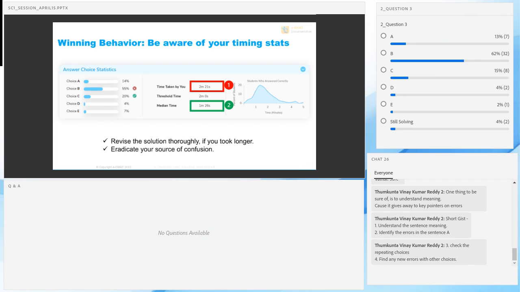So you have to now eliminate the source of confusion that you had. Now, if, let's say, the median time was 2 minutes and 15 seconds, then I would not have worried about why I took longer. Then I would have simply understood, why is it that I answered this question incorrectly? So again, why you took longer, that's very important when you compare your timing stats. And again, we know this is important.